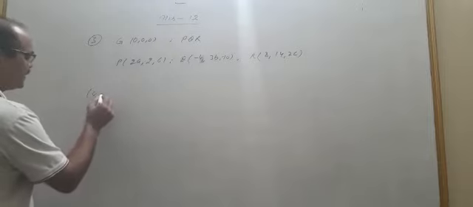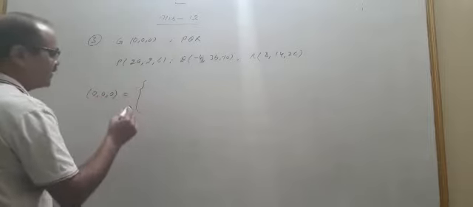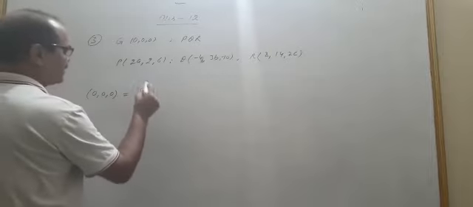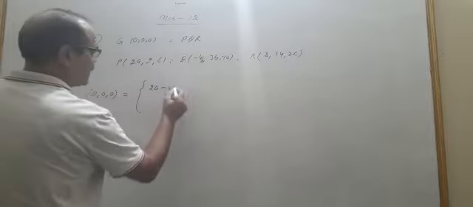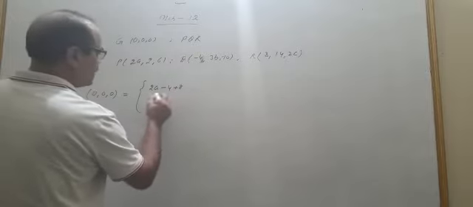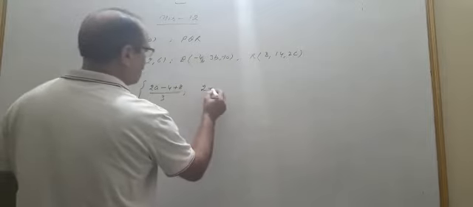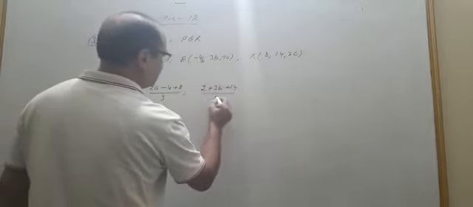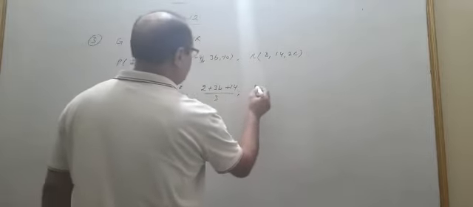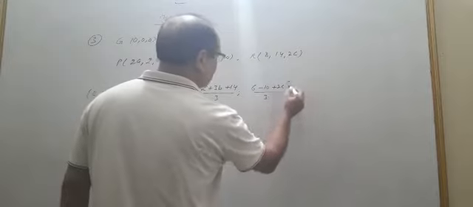The centroid is given as 0, 0, 0 at origin, and the formula to find the centroid of a coordinate when the vertices are given, that is x1 plus x2 plus x3 divided by the sum of the ratio, and second is 2 plus 3b plus 14 divided by the sum of the ratio, and next is 6 minus 10 plus 2c divided by the sum of the ratio.